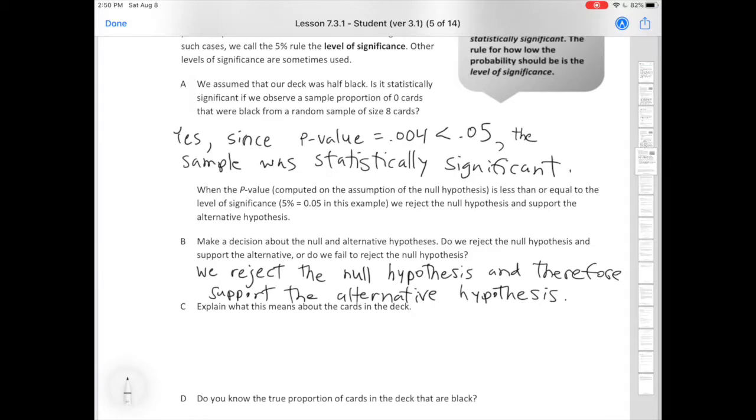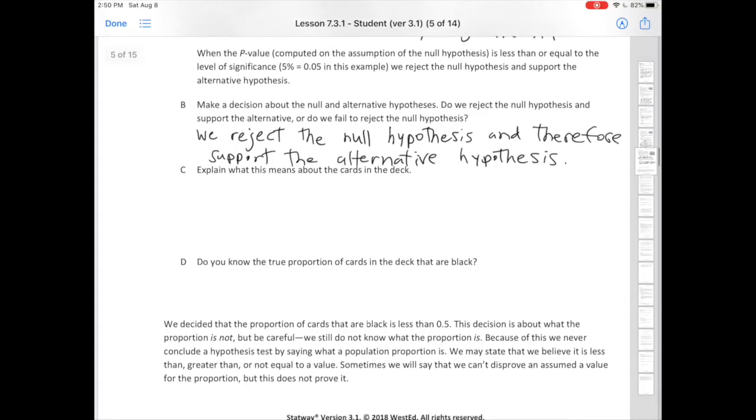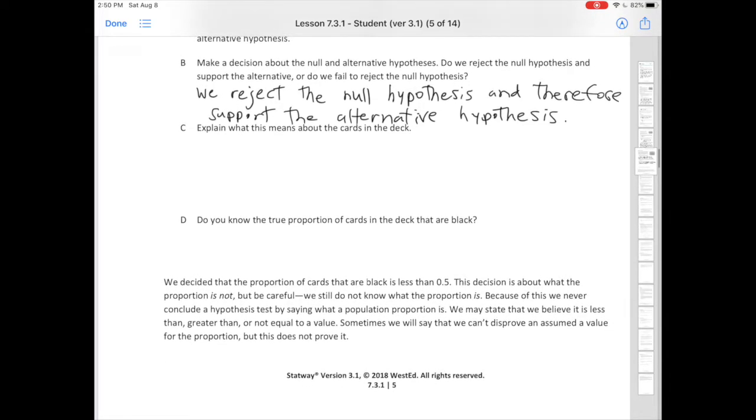What does this mean? Part C says, explain what this means about the cards in the deck. So what does this mean?